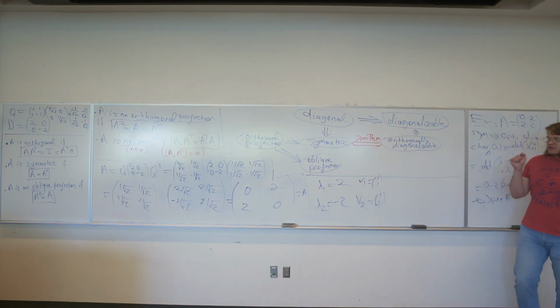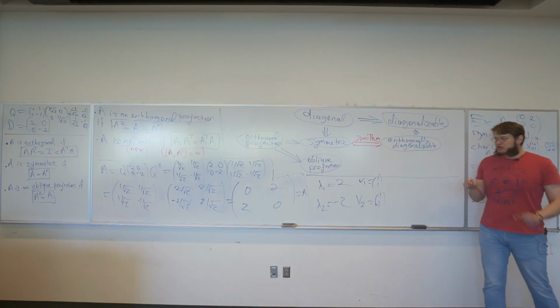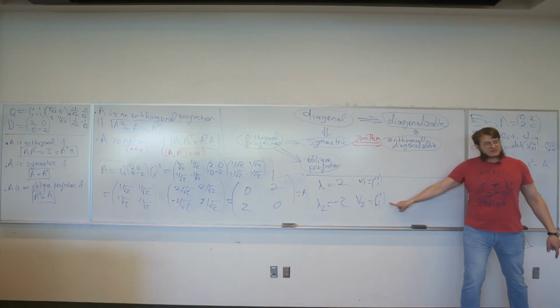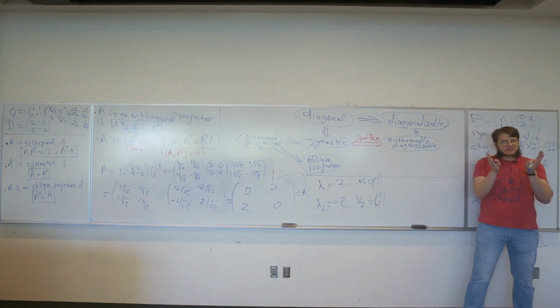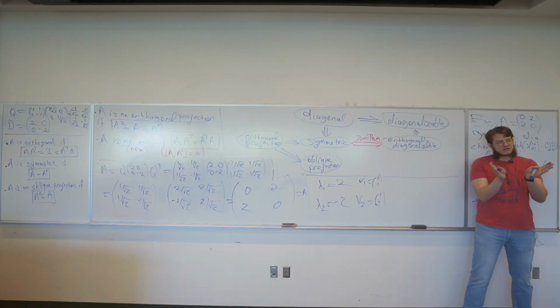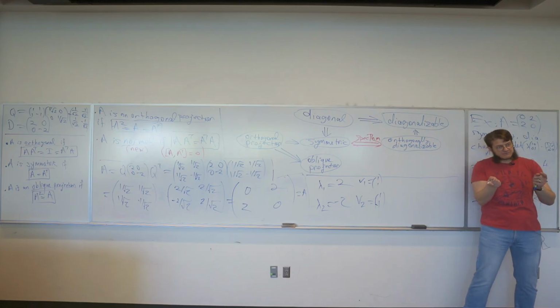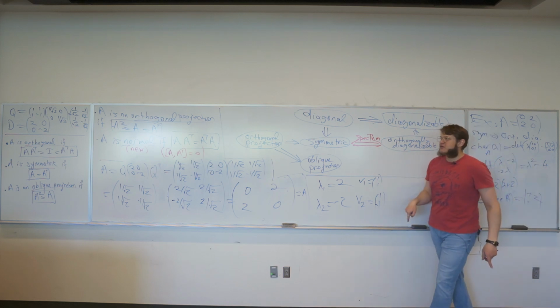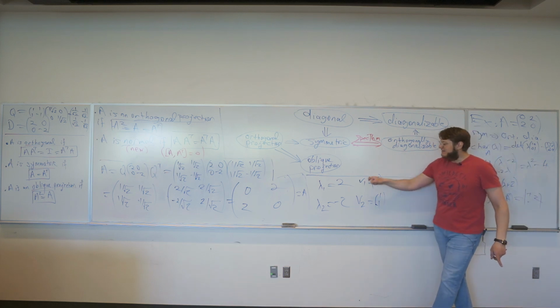Now, to get Q, that is an orthogonal matrix, you need to have its columns orthonormal. These two are perpendicular, and if you were to start with vectors that are orthogonal, you can scale them however you want. That's not going to change the angle between. But for orthonormality of the columns, I need that these vectors are of unit length.